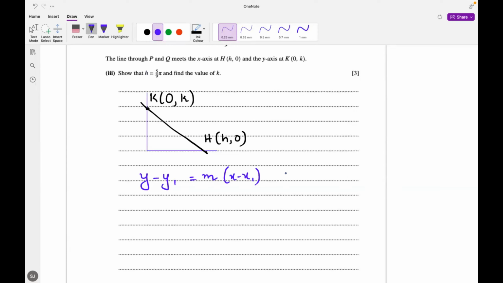To form the equation, we have to first find the gradient. So the gradient is given by m equals y2 minus y1, so minus 2 minus 1 divided by pi minus pi upon 3. Simplifying this, we'll get minus 9 upon 2 pi.